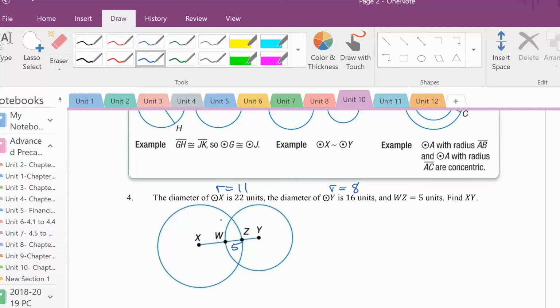So the radius of circle X is 11, so that means XW is 6. And then circle Y, the radius is 8, so that means ZY is 3. So now I want you to find XY. So it's 6 plus 5 plus 3, so it's 14 units.